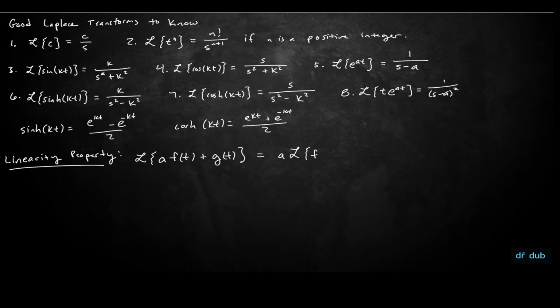So we can say a times Laplace of f plus Laplace of g. So that's the linearity property of Laplace transform. You can break up over a sum, and you can pull constants out, because Laplace transforms are really just integrals, and integrals you can break up over a sum, and you can pull constants out of integrals. So that is the so-called linearity property for Laplace transform.